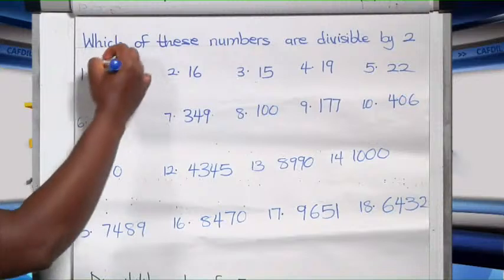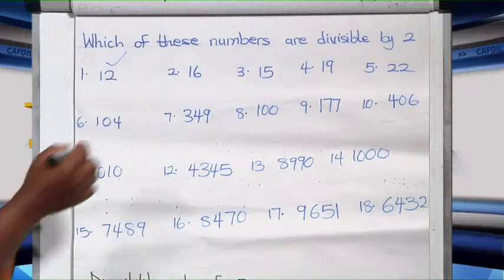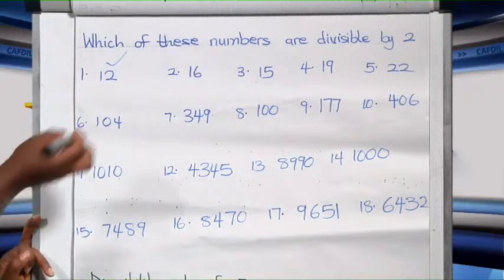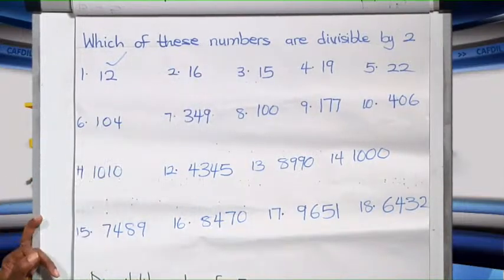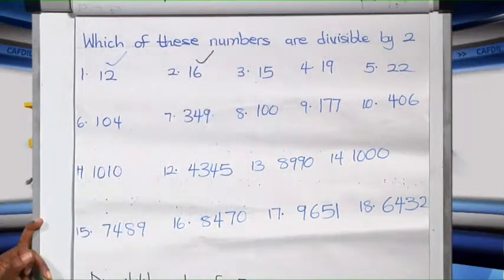So 12 is divisible by 2, and 12 itself is an even number. The next one, 16. Let's check if 16 is divisible by 2. 16 is an even number, or the last digit of 16 is an even number. So it is divisible by 2.